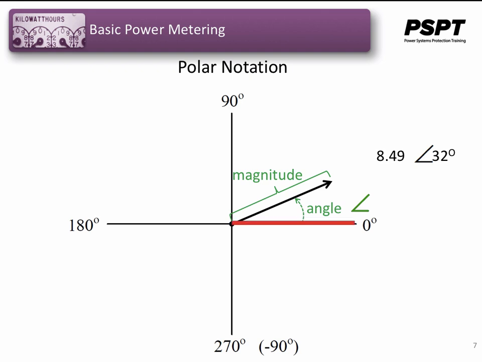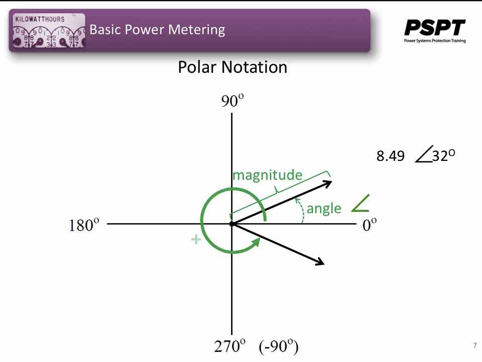Standard orientation for phasor angles in AC circuit calculations defines 0 degrees as the right horizontal, making 90 degrees straight up, 180 degrees to the left, and 270 degrees straight down.